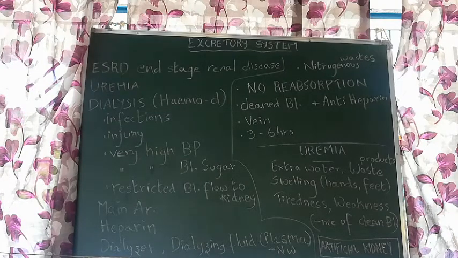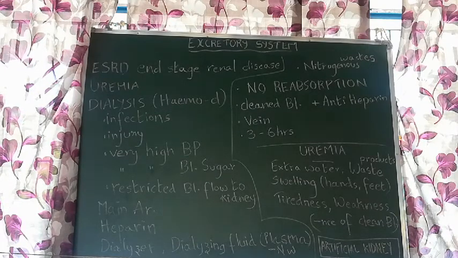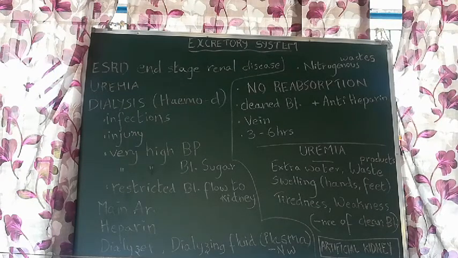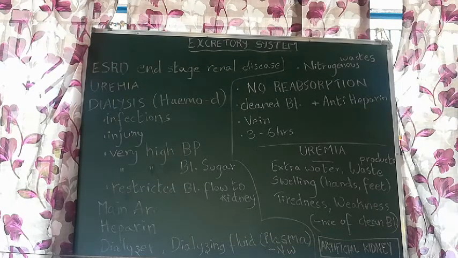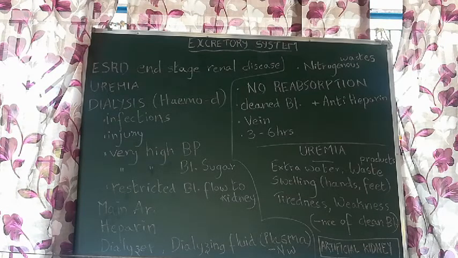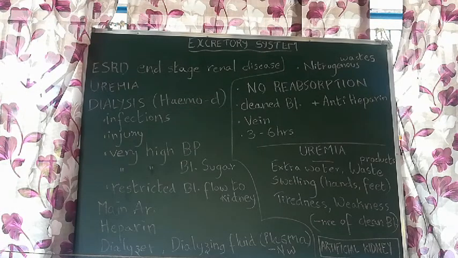They damage the blood vessels around the kidney, causing them to narrow, so that all the waste products get deposited and there is no proper flow to the kidney. See, restricted blood flow to the kidney. So all these things are the factors which make the patient need this dialysis.